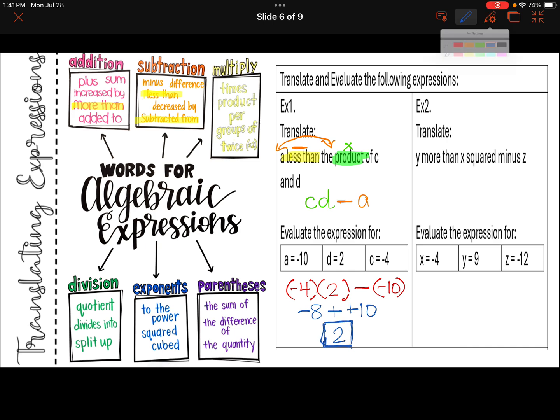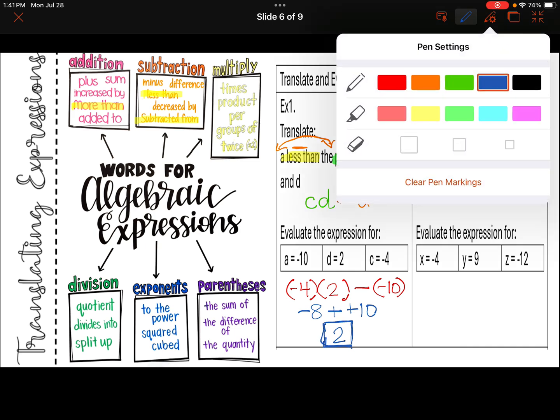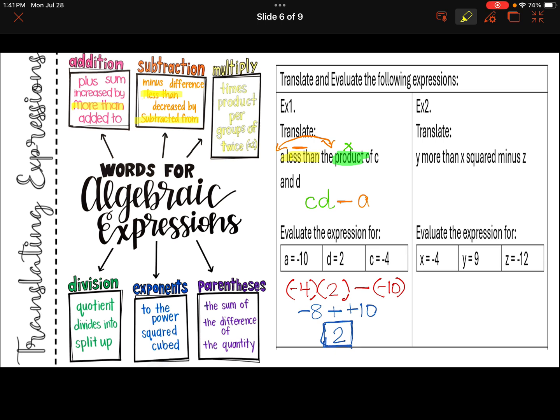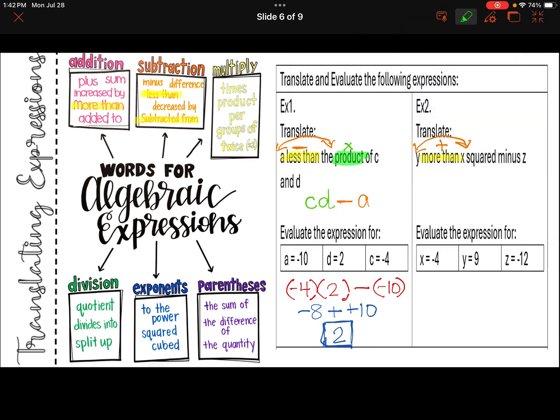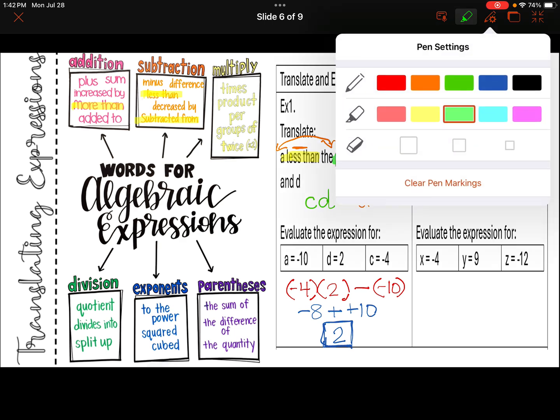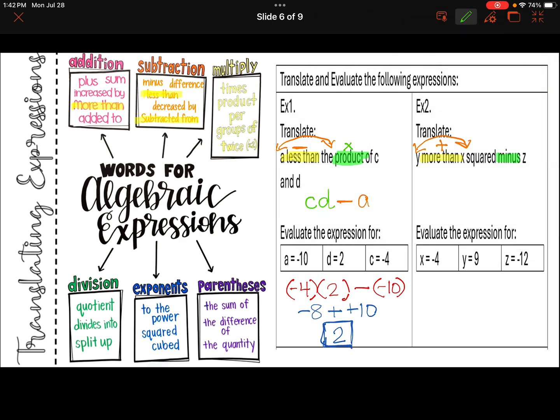Okay, we are going to do the same sort of thing over here. First, we've got more than, which does mean to add. It is also one of those turnaround words. And then we have the phrase minus, which means to subtract.